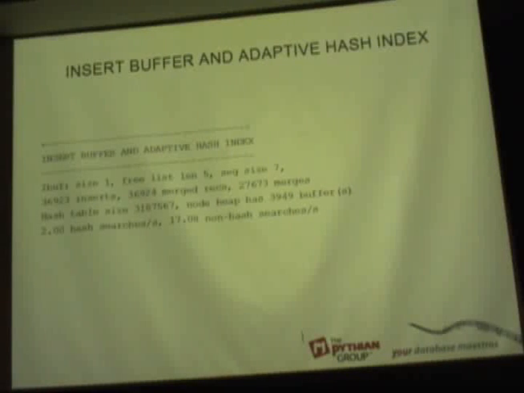So basically, the insert buffer is used when you're inserting into InnoDB indexes that are not unique and not the primary one, obviously. So for non-unique secondary indexes, InnoDB might put records into the insert buffer and then flush them to disk after the transaction commits.